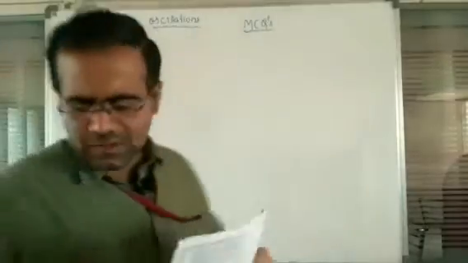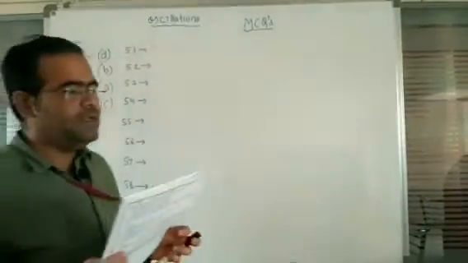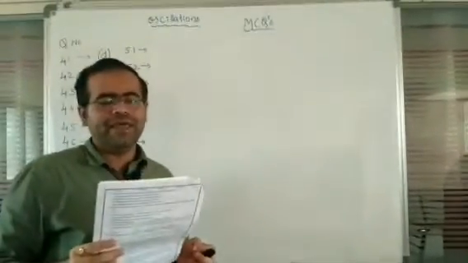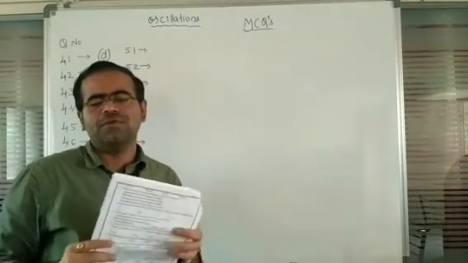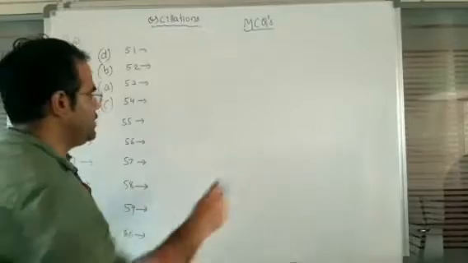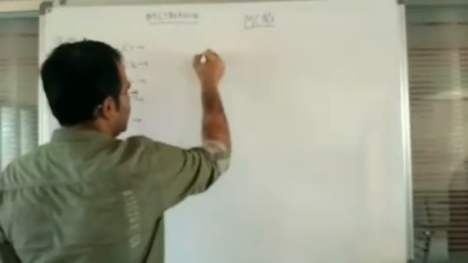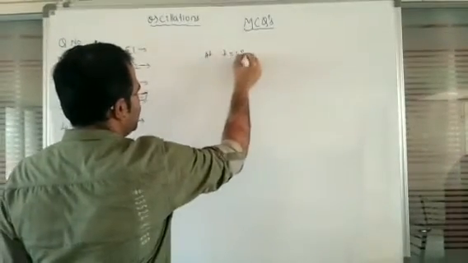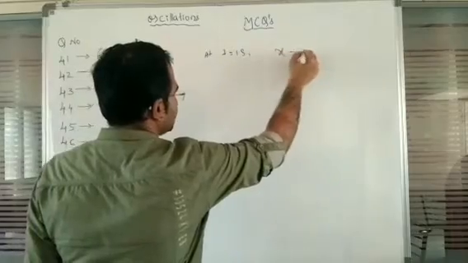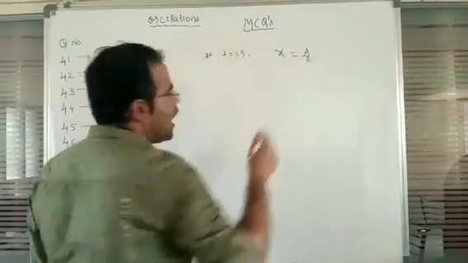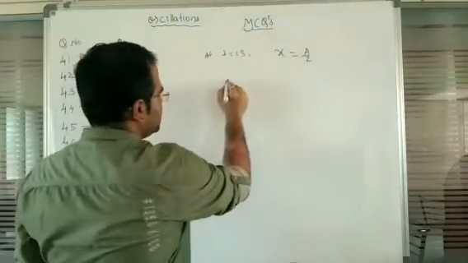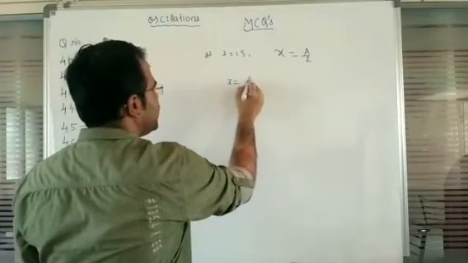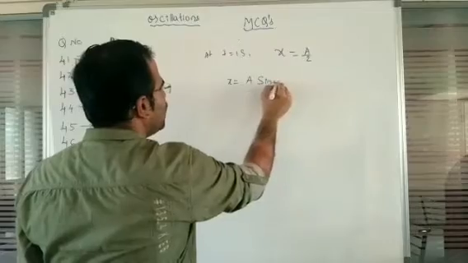Okay. So here question number 45. A particle executing SHM covers a distance equal to half of its amplitude in 1 second. So for the given t equal to 1 second, the distance traveled is equal to half of the amplitude. Now we can write the equation x is equal to a sine of omega t.